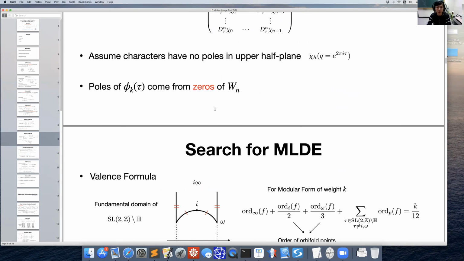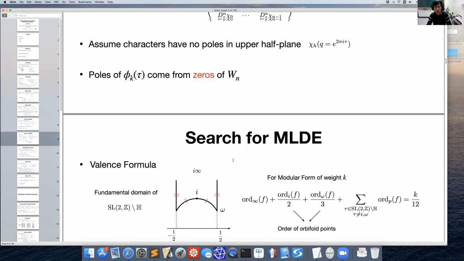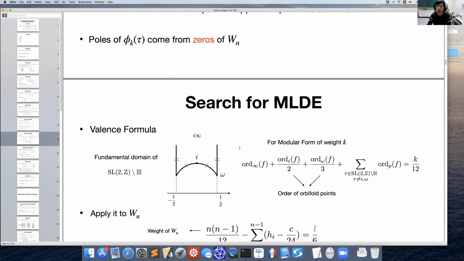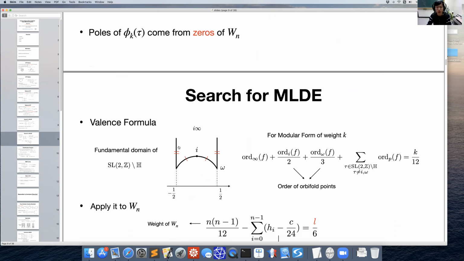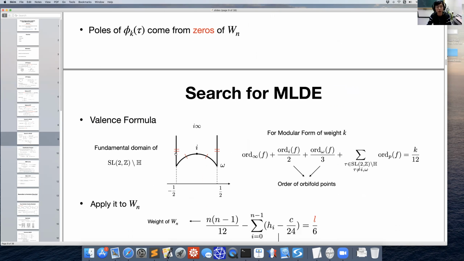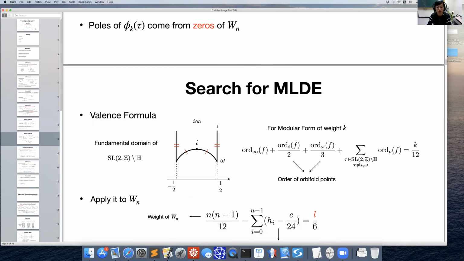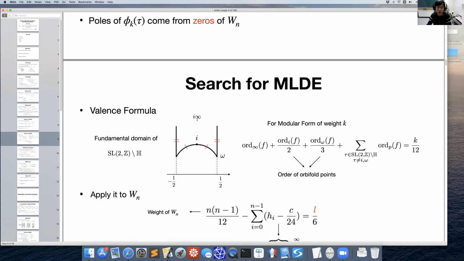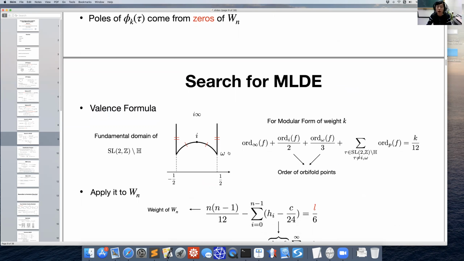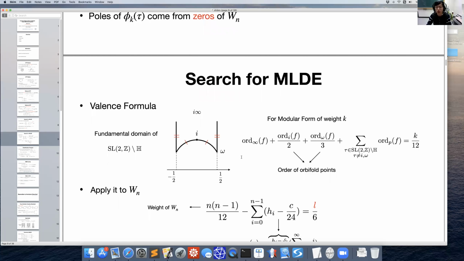So then we are led to the question of how we can constrain the zeros of W_n from our known information. The answer is provided by the so-called valence formula. To explain the valence formula, let's first write down the fundamental domain of the upper half plane under the action of SL2Z, which takes this shape. For string theorists, this should be very familiar. And this valence formula says that for a modular form of weight k, the order of zeros or poles inside this domain is related to the weight.